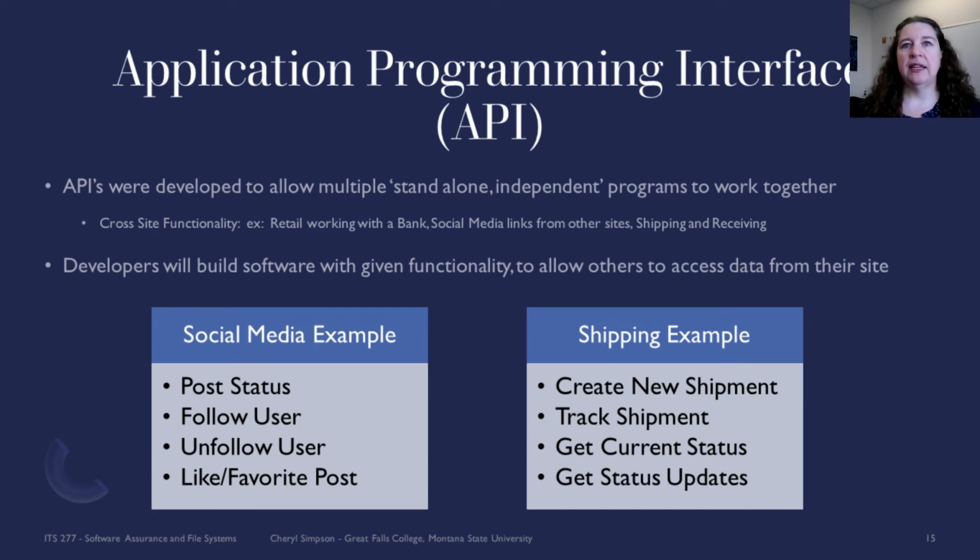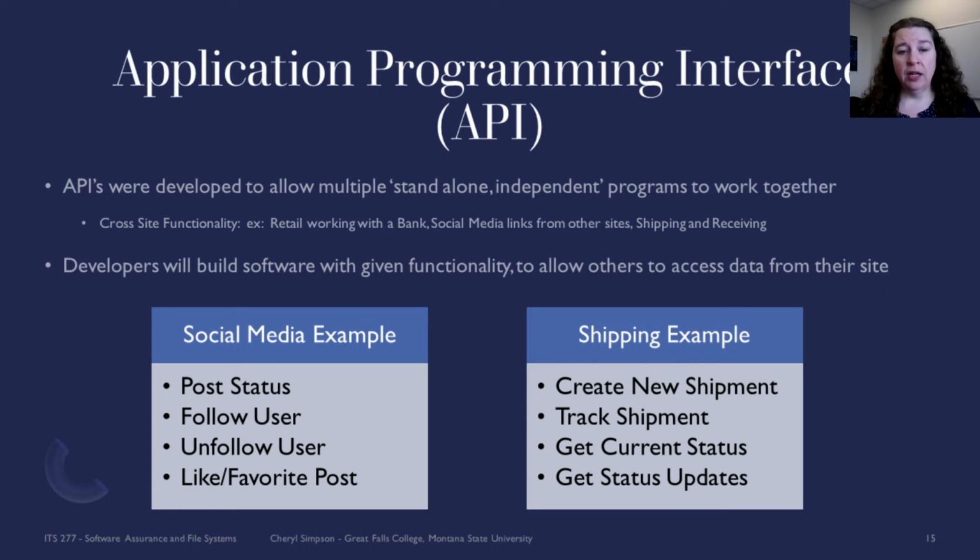Things like the CDC for checking COVID information, or QuickBooks for allowing you to access your banking information. Things like this. It's an independent program, but people want to be able to access it from their own customized software.